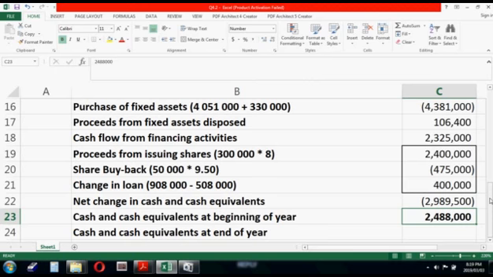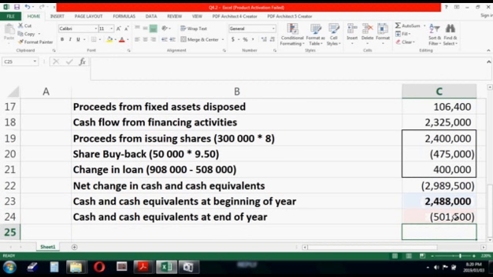We had cash and cash equivalents at the beginning of the year. If we add those two, we should get the cash and cash equivalents at the end of the year. So we have the net change in cash and cash equivalents. We add the cash and cash equivalents at the beginning of the year, and we end up with a negative 501,500 cash and cash equivalents at the end of the year.